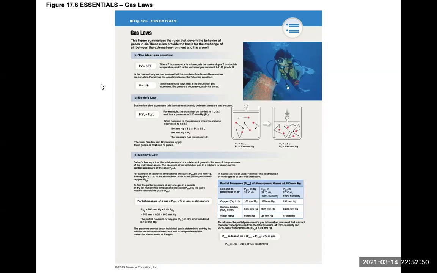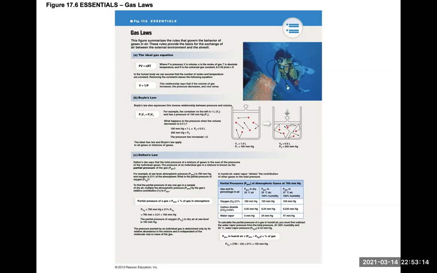This is what we call Boyle's law. Boyle's law is pressure and volume. It expresses the inverse relationship between the pressure and the volume in different containers: P1 V1 equals P2 V2. This law states that if the volume is reduced, the pressure will increase.